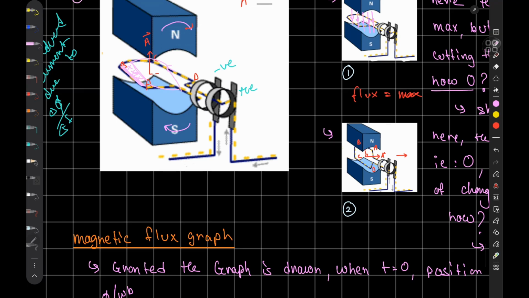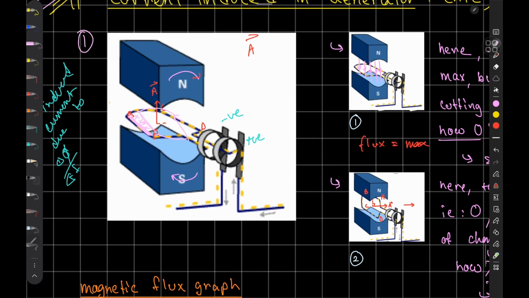So the amount of field line inward that the BA side crossed or cut increased. So it cut a lot of field lines that is going inward through the page. So the current in BA will be induced such that it produces field lines that is out of the page to counteract this flux change.